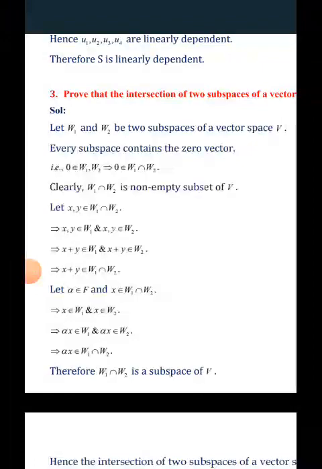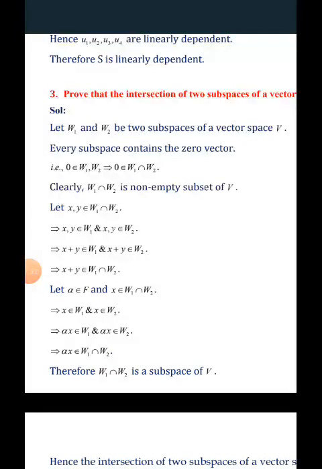Already we know W1 and W2 are two subspaces, so a subspace satisfies the closure property. Therefore x plus y belongs to W1 and also to W2. Then this element also belongs to W1 intersection W2.